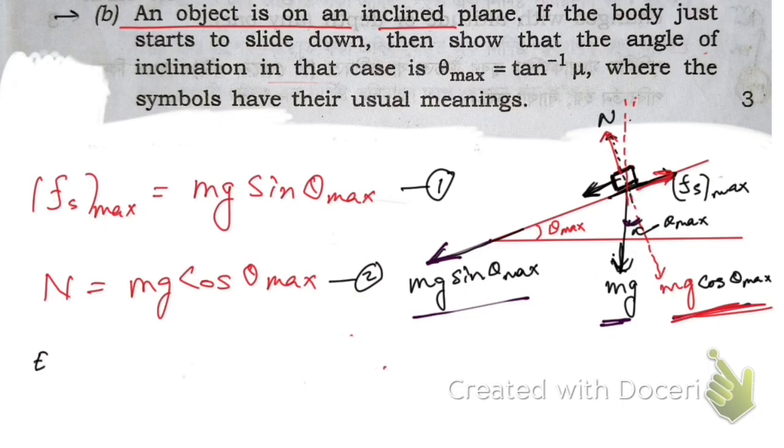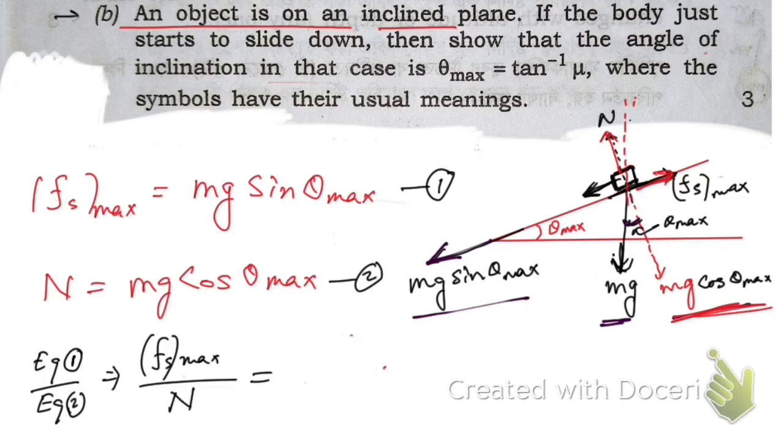Dividing equation number 1 by equation number 2, we're going to have Fs max by N is equal to mg sin theta max by mg cos theta max.